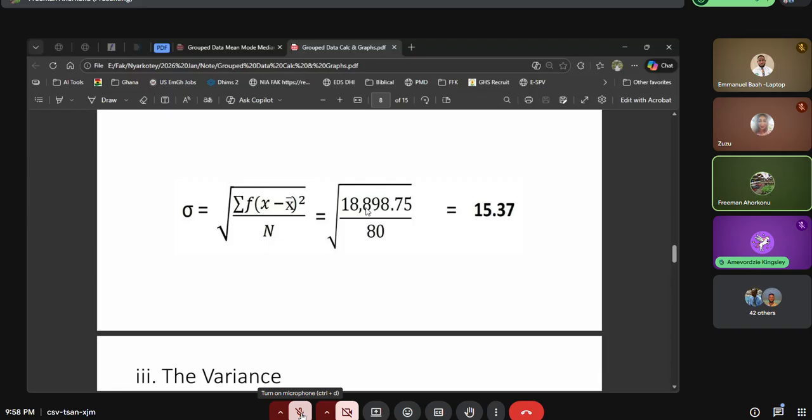Now, when you do all this, you get 15.37. That's your standard deviation. If you have the standard deviation and you have to find the variance, just square this answer. 15.37 squared is the variance. When you are given the variance and you have to find the standard deviation, you just find the square root of this variance and you have the standard deviation. That's how they are related.